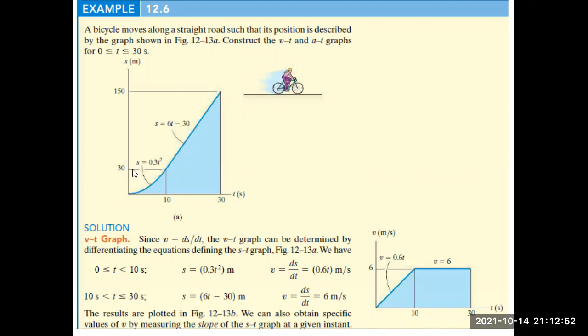For what period of time is each function applicable? This equation is applicable for a range of T from where to where?